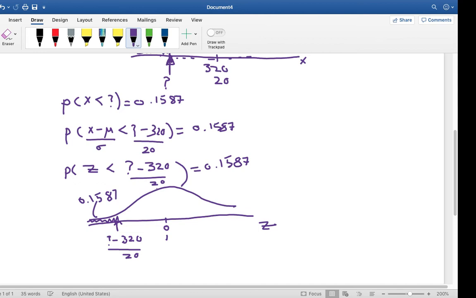How do I solve that? By the way, the transformation process from here to here is x minus the mean over the standard deviation. This value in here was a question mark up here, and when I subtract the mean of 320 and divide by the standard deviation of 20, I actually get this value in here. So we've just transformed the problem.